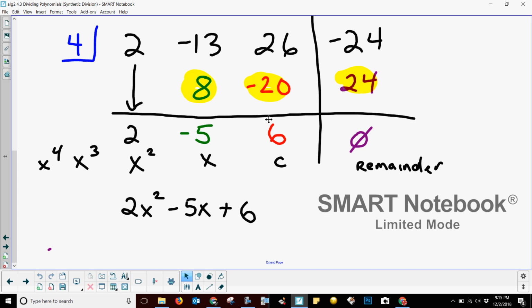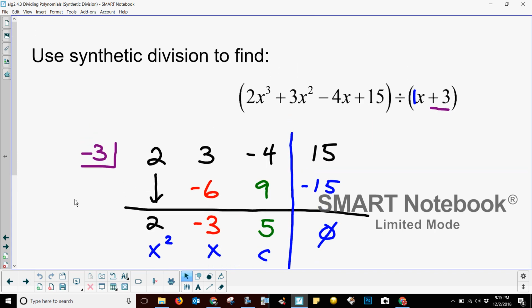So everything's one smaller than what it was originally. But if you just think, okay, my last column is my constant or my remainder, then it goes constant, 1, 2, 3, 4. 2, negative 5, and 6 become 2x squared, negative 5x plus 6, no remainder.